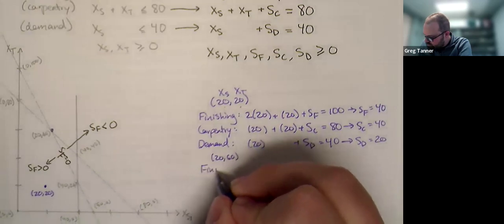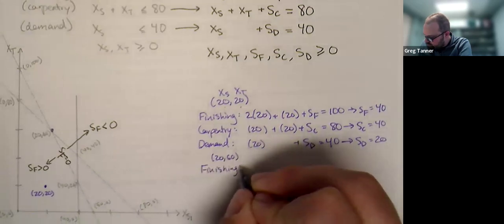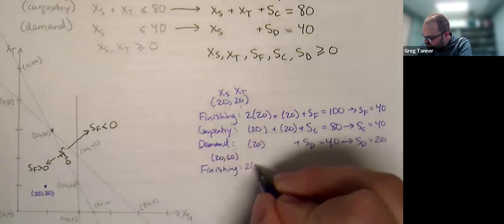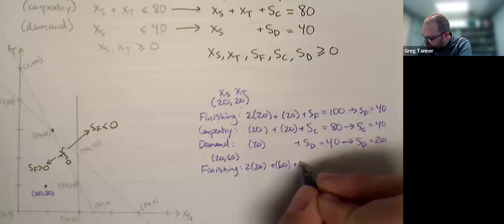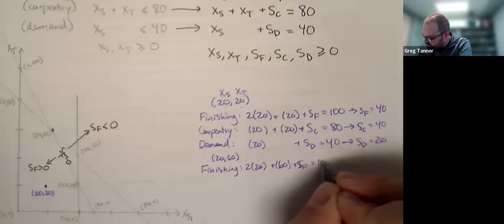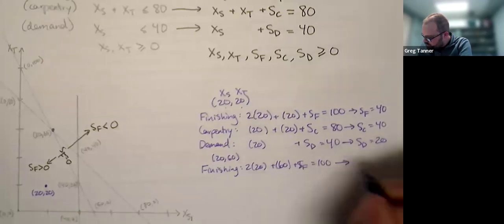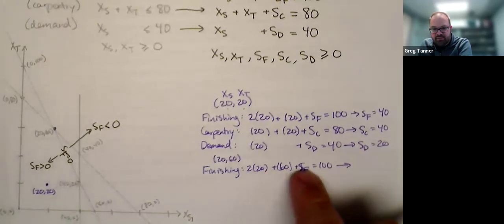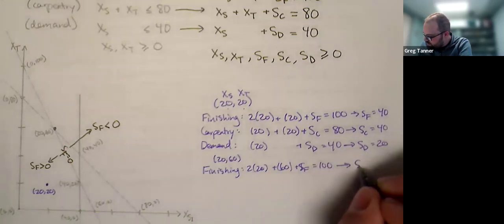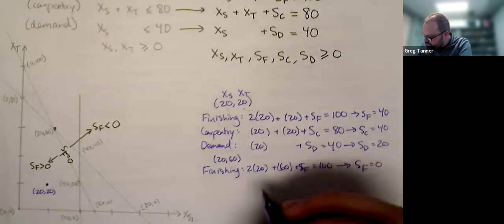So finishing, we'll have 2 times 20 plus 60 plus SF equals 100. And if we add up these numbers on the left-hand side, that's 100 plus SF equals 100. So that tells us that SF equals 0.